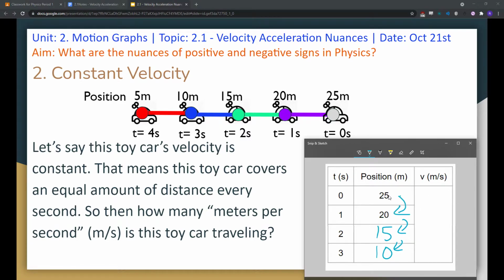So my velocity is negative 5 meters per second. My position changed by negative 5 each second. Meters per second, guys. All right.